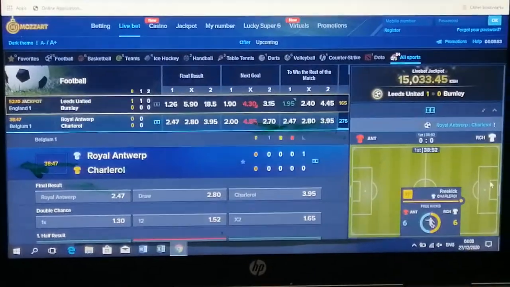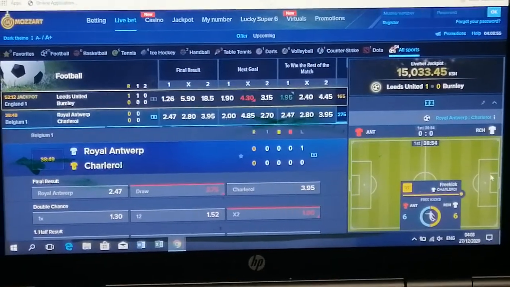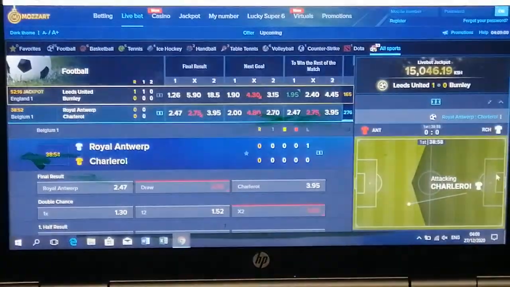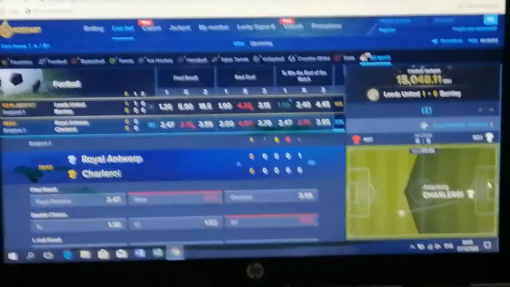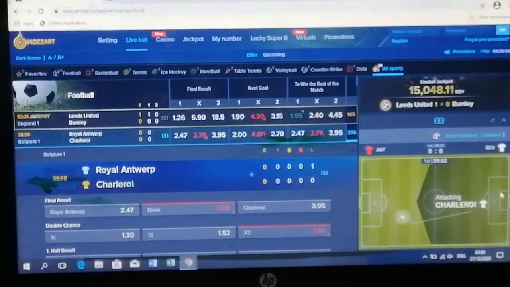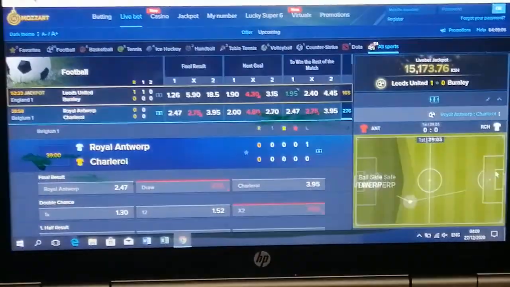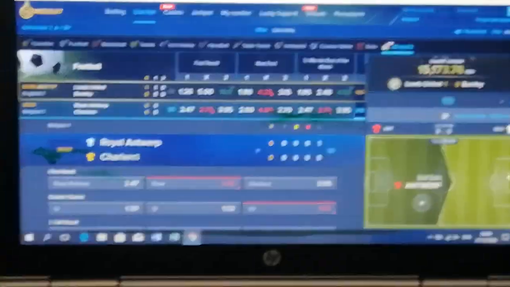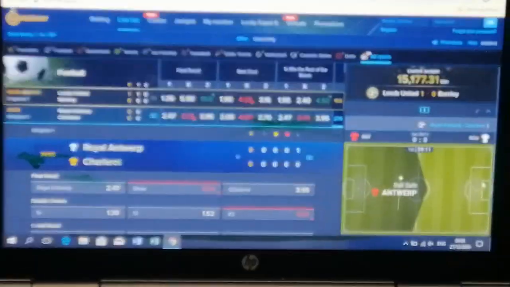Remember, in any event a goal is scored in the second half of this game, you'll be getting back your $40. So your profit is dependent on the live.